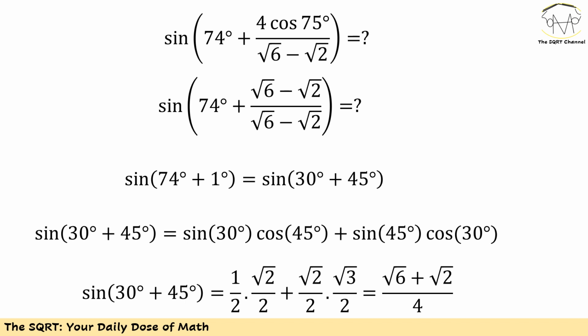However, sine of 75 degrees can be written as sine of 30 degrees plus 45 degrees.